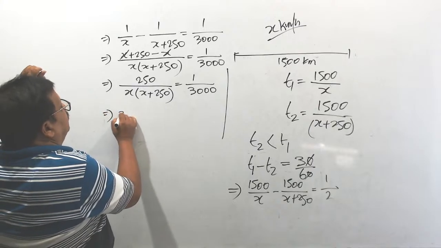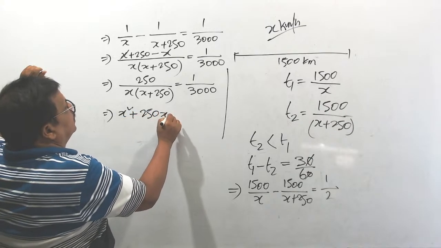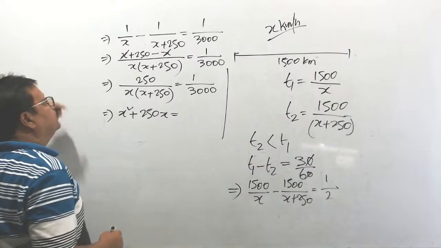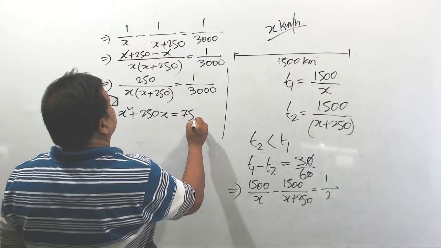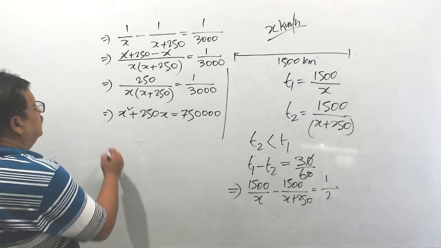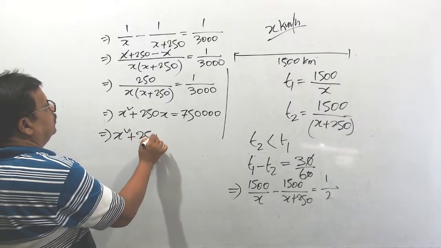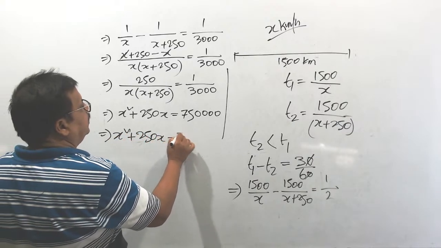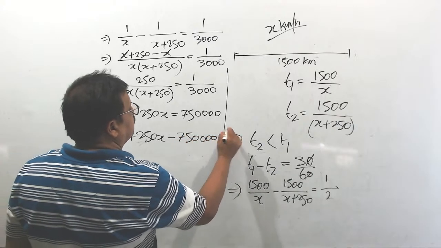So x square plus 250x is equal to 750000. This implies x square plus 250x minus 750000 is equal to 0.